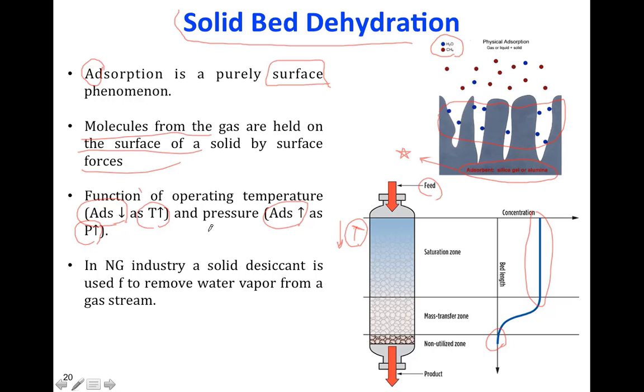So adsorption is better at low temperature and higher pressure. In the natural gas industry, solid desiccant means solid particles, which are usually silica gel and alumina. In natural gas, they are used to remove water vapor from the gas stream, as I already explained.